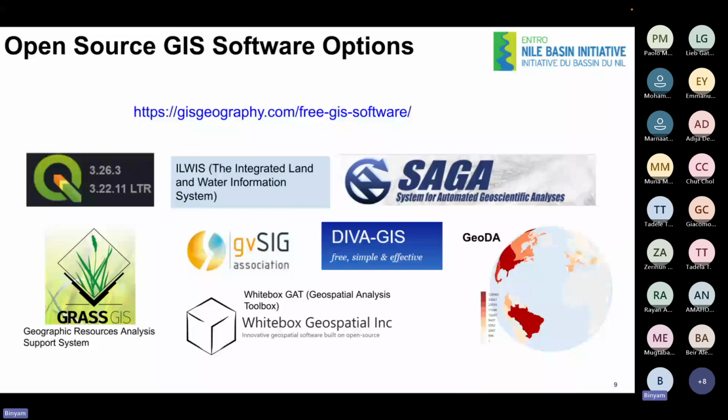These are all open source GIS software, but most of the time we use QGIS because it has almost all the necessary things in GIS. Whatever you need, you can do with QGIS nowadays.